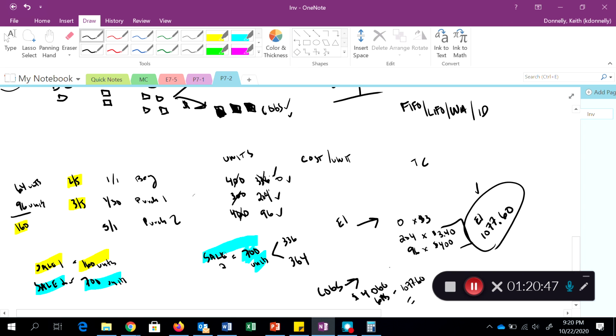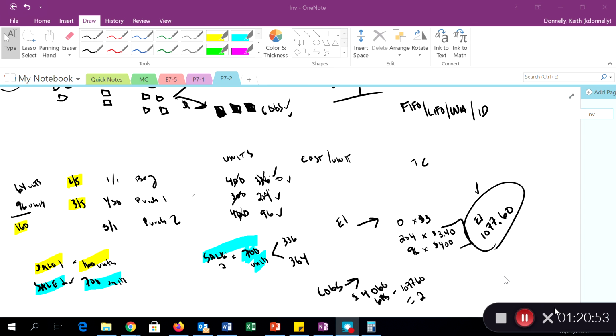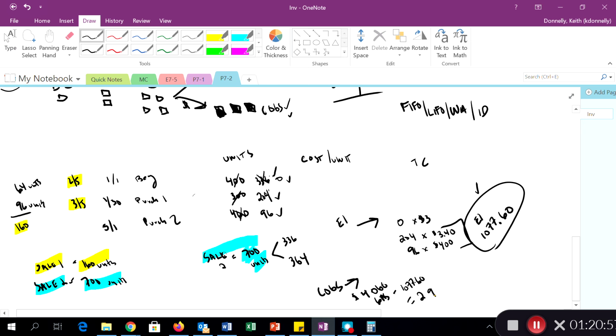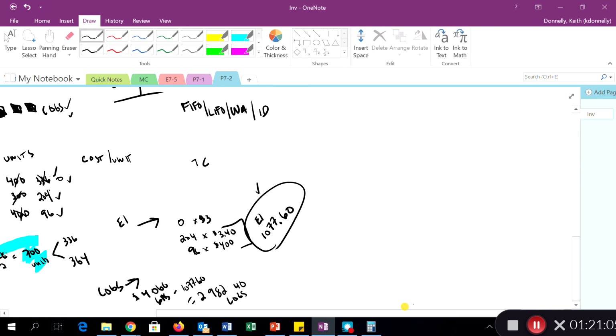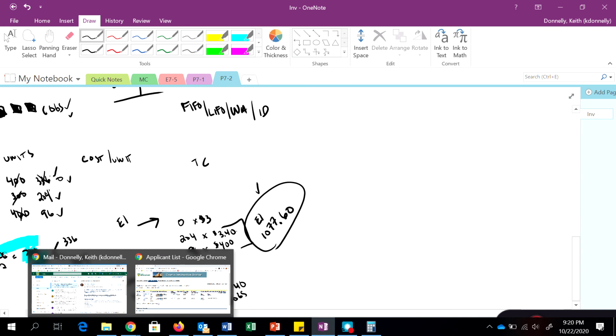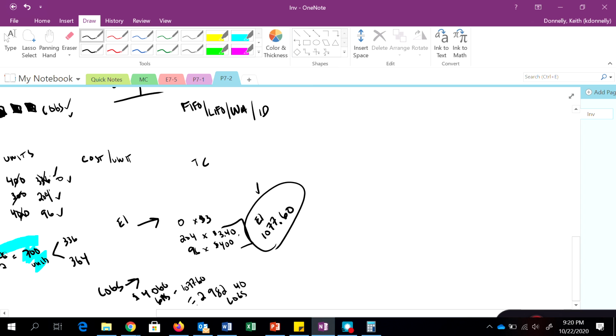That will get us, for our cost of goods sold, $2,982.40. So ending inventory and cost of goods sold.